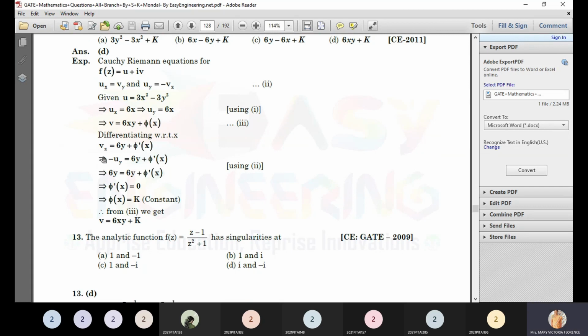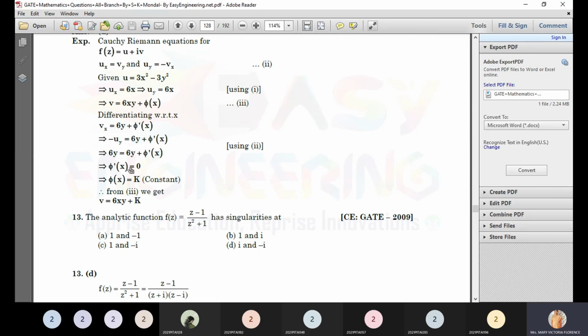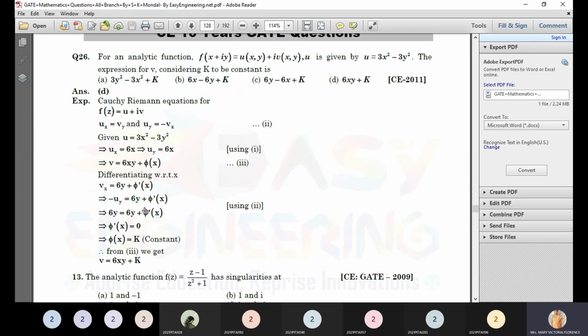But vx is equal to minus uy. So we will write this as minus uy equal to 6y plus phi dash x. So 6y gets cancelled, phi dash x equal to 0. If we integrate this, phi x equal to a constant k. So v is equal to 6xy plus k. The option is option D.